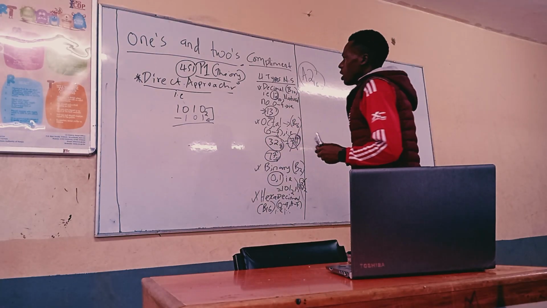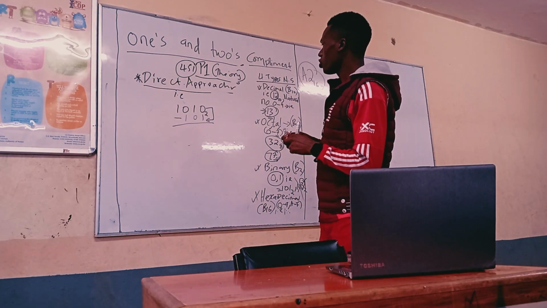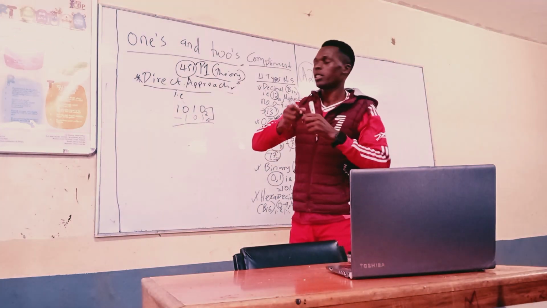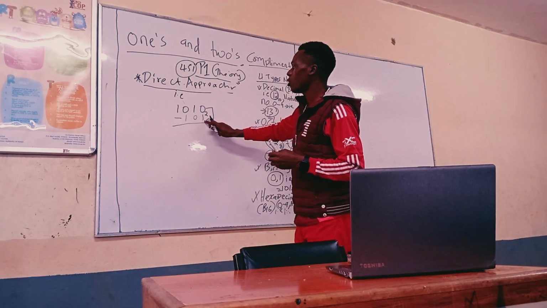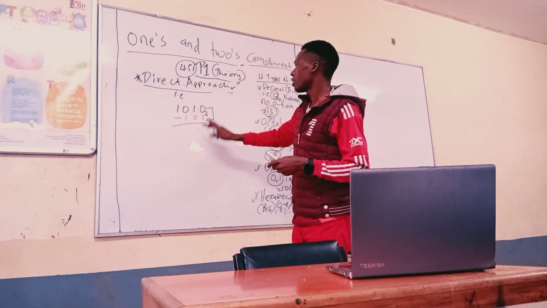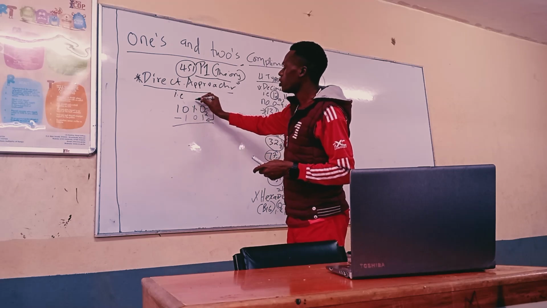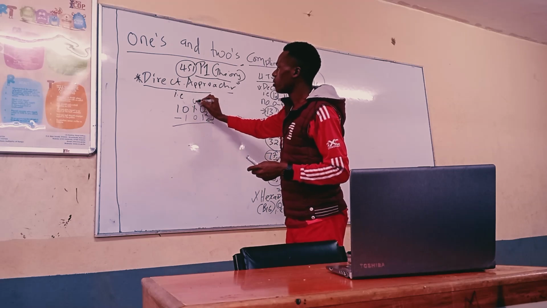So the direct approach is doing it directly: taking the 0 minus 1 directly. This is impossible, so we have to borrow 1 from here. When we borrow 1, it remains as 0.